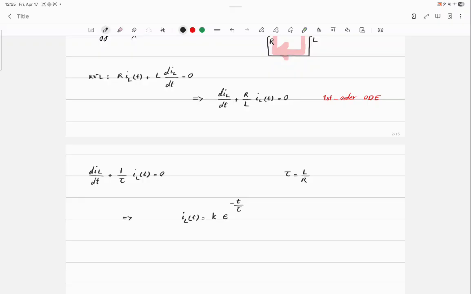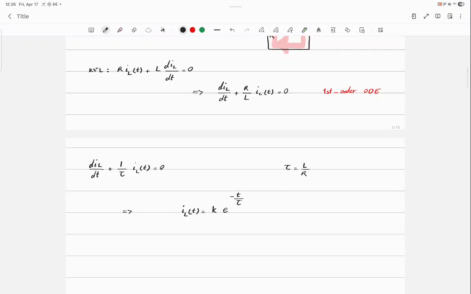K. If you remember, whenever you solve a differential equation, it always has an unknown constant. And if you have taken Math 245, differential equations, you know that that constant should be determined using initial conditions or initial values. Okay.